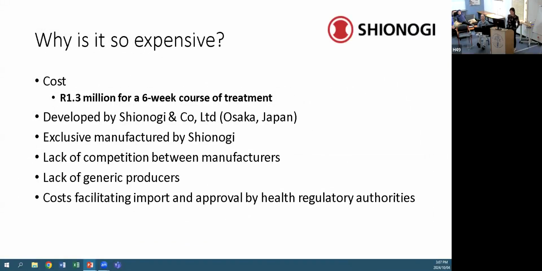Getting Cefiderocol to patients who need it requires overcoming a significant number of technical, regulatory, and economic challenges. The price range for Cefiderocol is astronomical. A 6-week course of treatment, generally suggested for chronic osteomyelitis or prosthetic joint infection, cost 1.3 million rand.